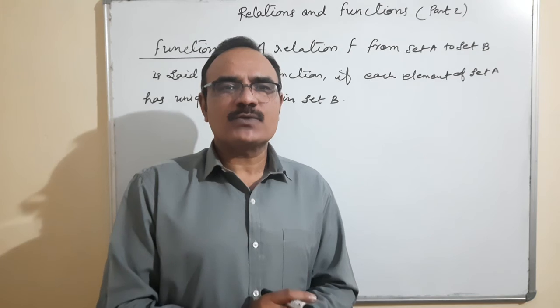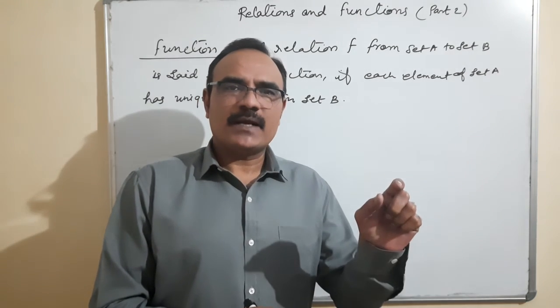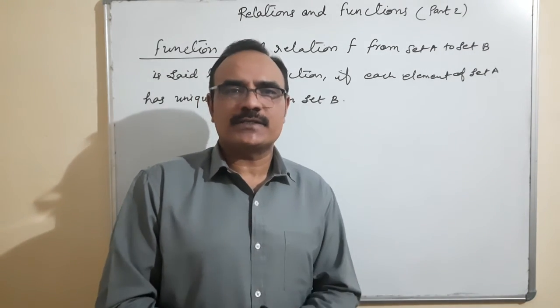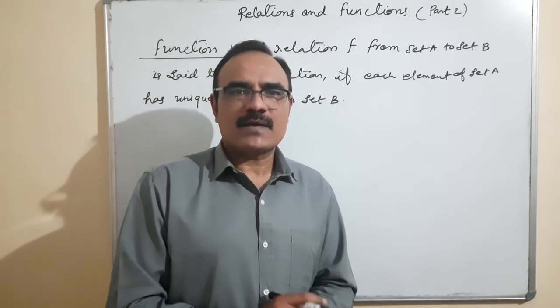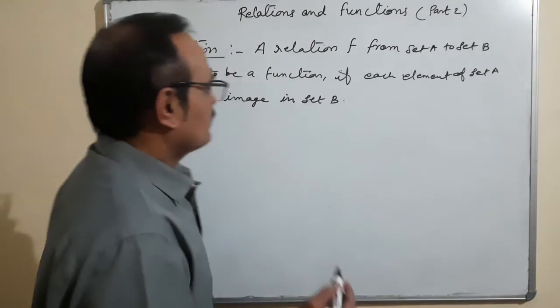Okay, unique image, what does it mean? Every element of A has one and only one image in set B. Then this type of relation is called a function.